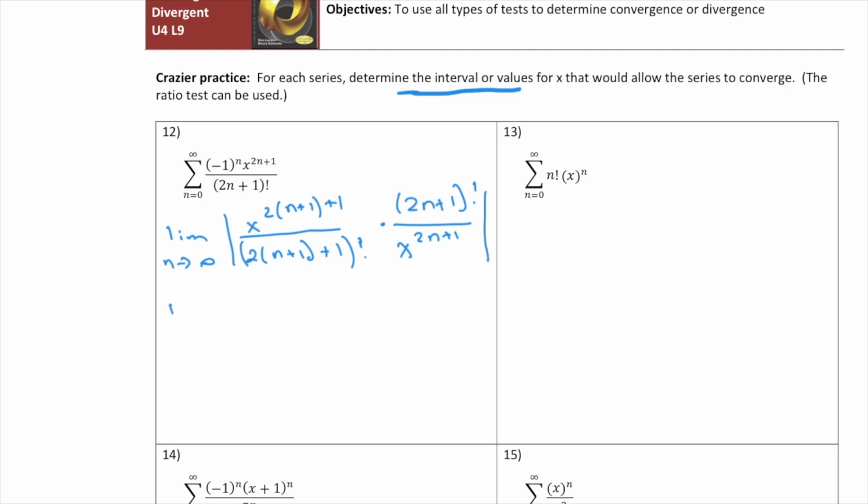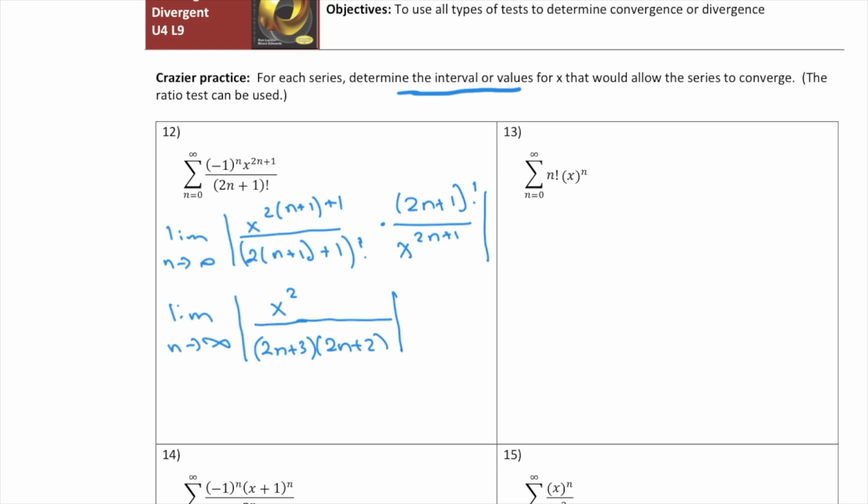Now we're going to simplify. We get the limit as n goes to infinity. The numerator is going to be x to the 2n plus 3, and that leaves us with x squared in the numerator. Your denominator is, again, 2n plus 3 factorial, so we will have 2n plus 3 times 2n plus 2. Then 2n plus 1 factorial will cancel with the numerator.